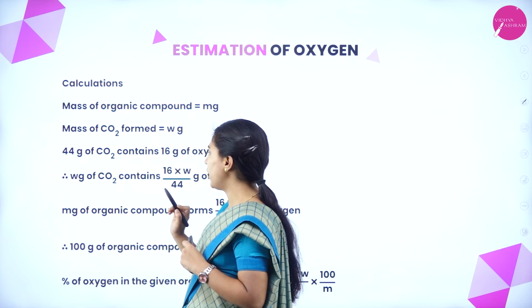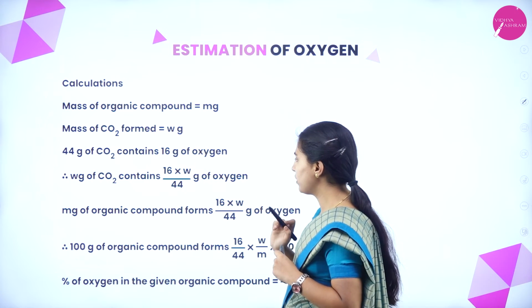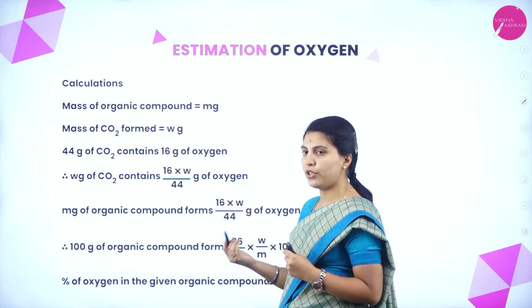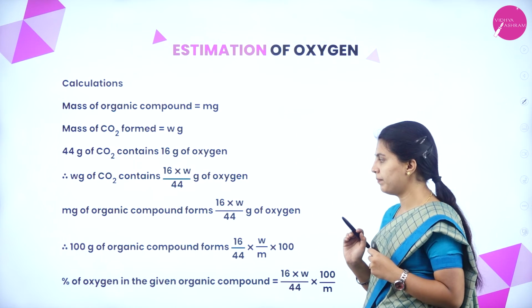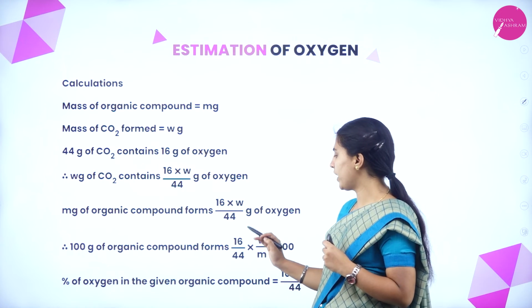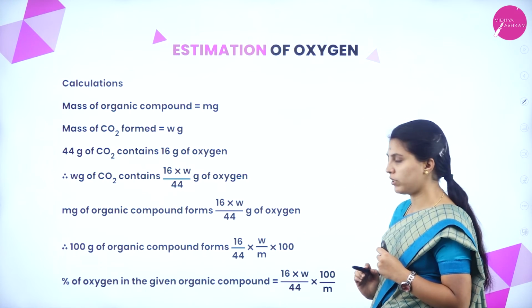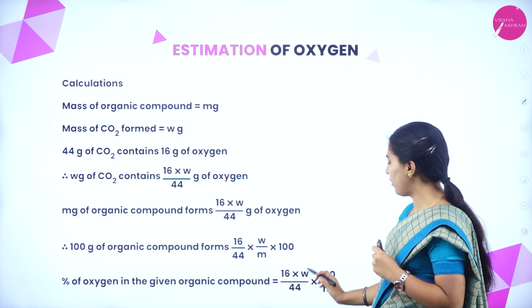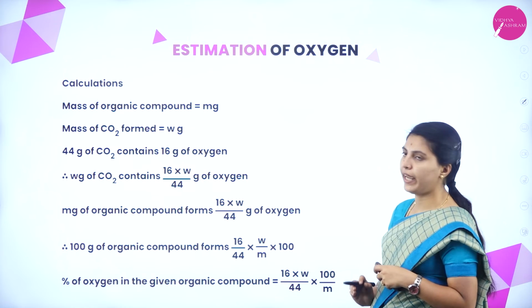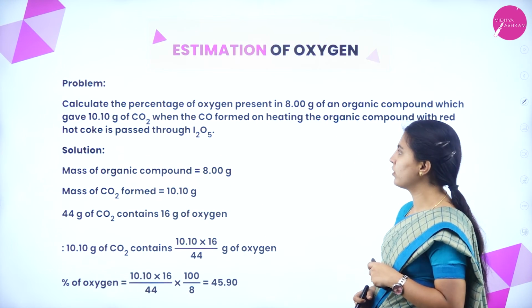The weight of carbon dioxide, W gram, contains 16 into W by 44 gram of oxygen. The 100 gram of organic compound contains 16 by 44 into W by M into 100. The percentage of oxygen is 16 into W by 44 into 100 by M. This is the overall calculative part of the estimation of oxygen.